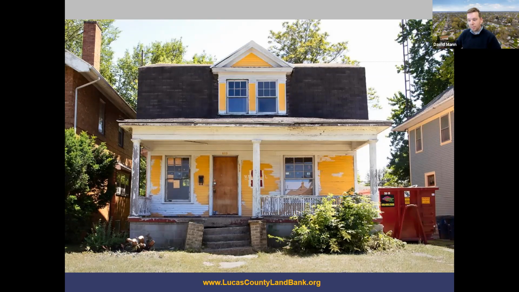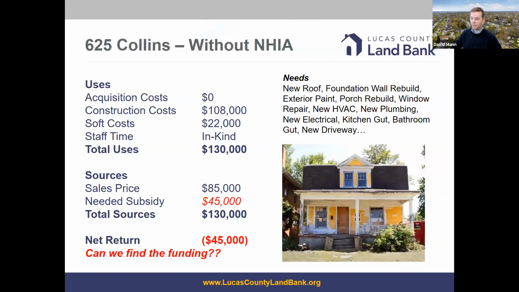So this was an abandoned property that, as you can see, needed a significant amount of work and could have been demolished if we couldn't figure out how to make the math work. It needed a new roof, new foundation wall rebuild, paint, porch, windows, all new systems, a new kitchen, a new bathroom, a new everything that you could imagine this house needed.